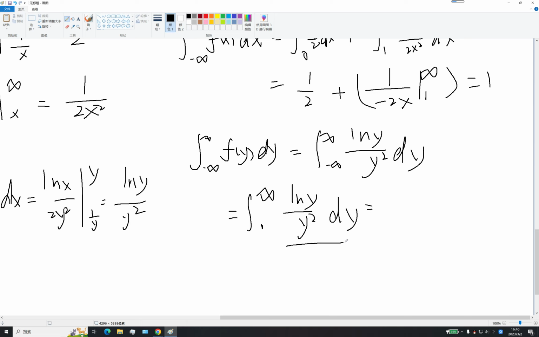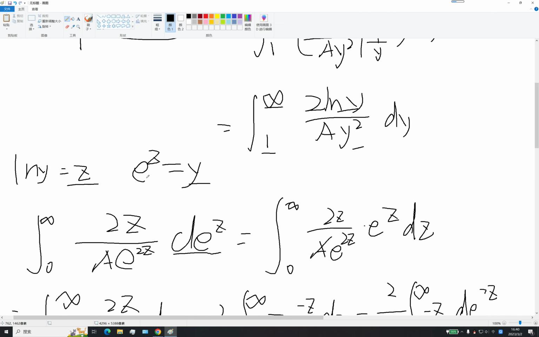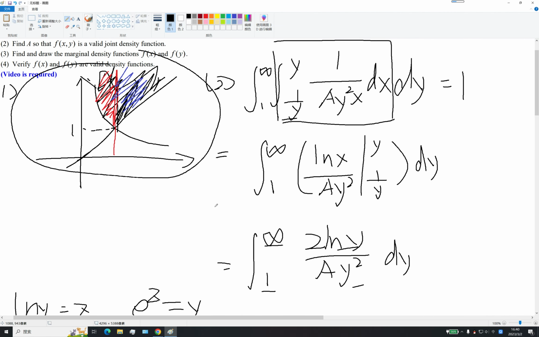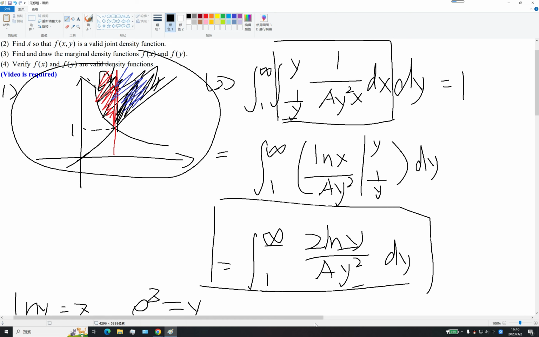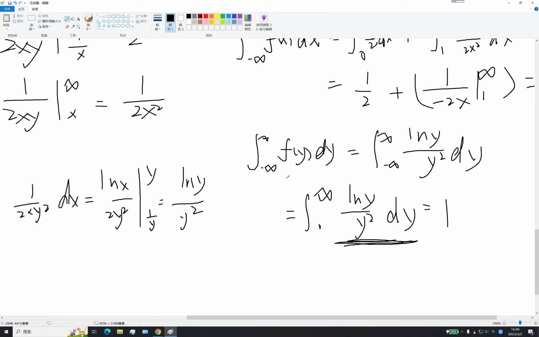This was calculated in the question before, and it is the same as this. So we know that it equals 1. So f_Y is also a valid density function. This is the answer to question 4.